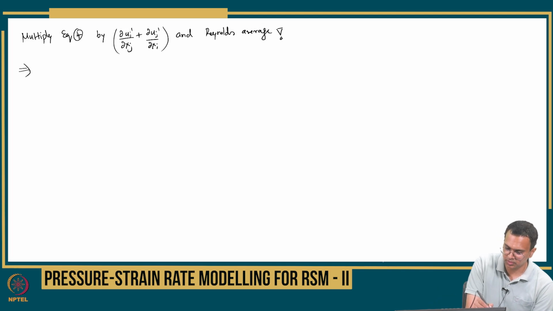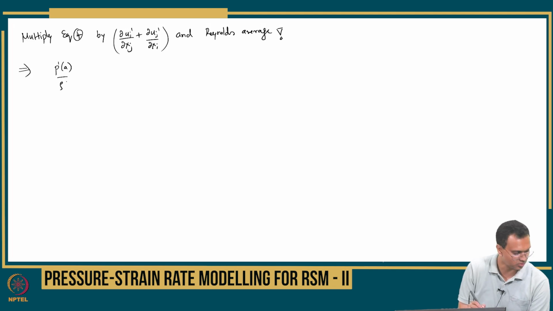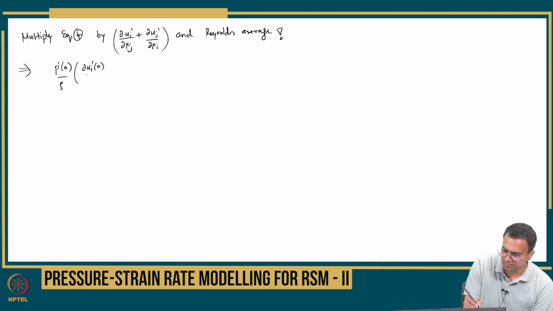So what will this be? I am going to get P'(A) by rho, of course the constant value, multiplied by ∂ui'(A)/∂xj plus ∂uj'(A)/∂xi, average.